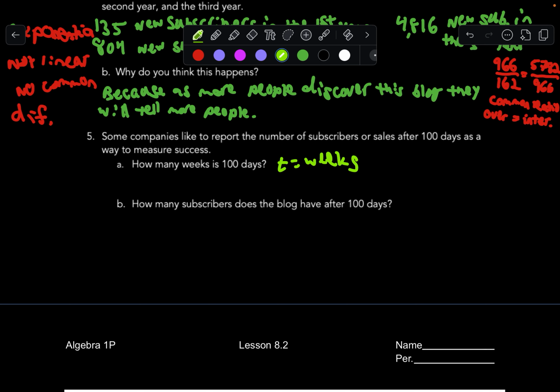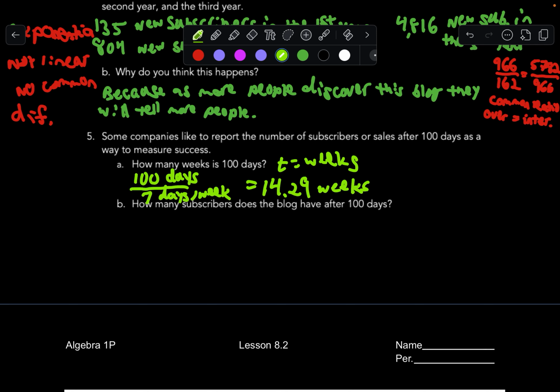So we have to turn 100 days into weeks by saying there are 7 days per week. So we take 100 divided by 7, and that'll give us the number of weeks. 100 divided by 7 is 14.29 to 2 decimal places. And that's weeks.